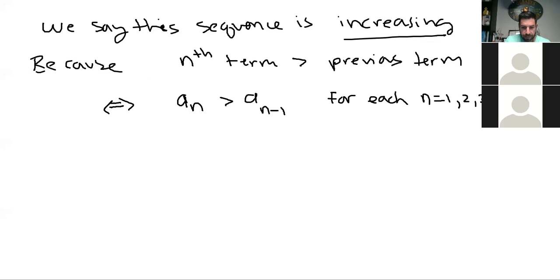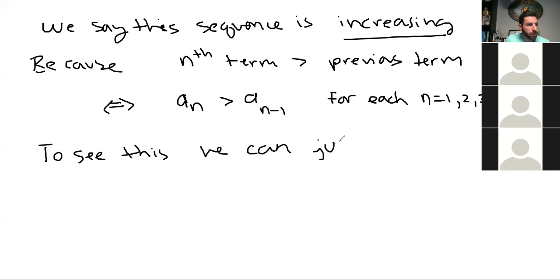So how do we verify this? Well, we can just use algebra. Let's take the nth term and compare it to either the guy who comes before or after. If I look at the list, it's clear.